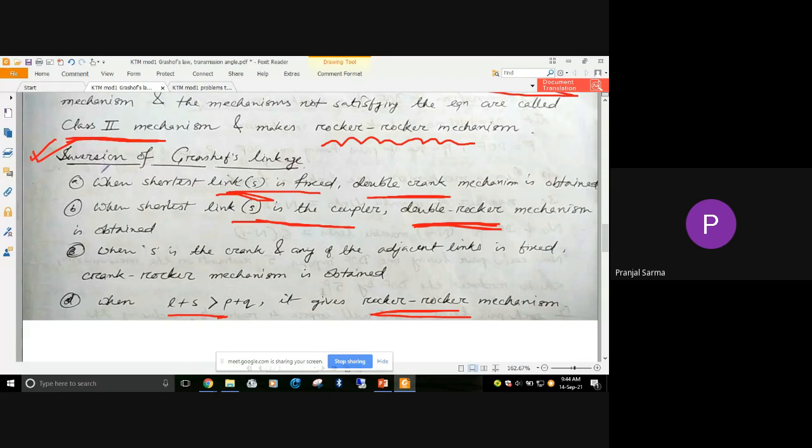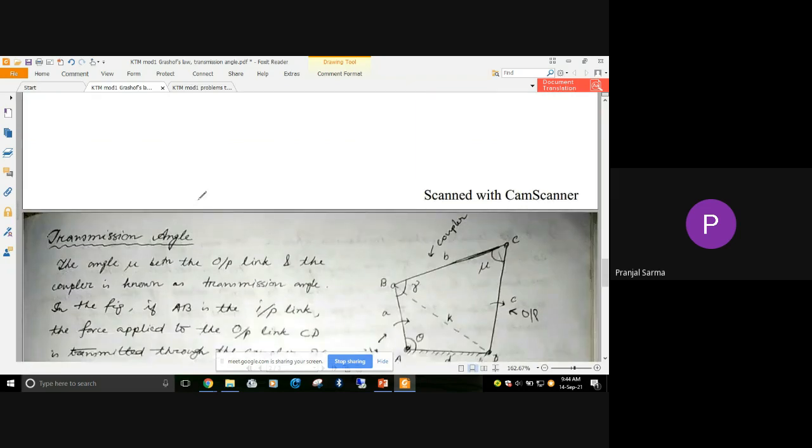We just have to check whether L plus S is less than or equal to P plus Q or not, and based on that, whether we get class 1 or class 2. And apart from that, depending on whether the shortest link is fixed, or whether it is behaving like coupler, we are going to get a double crank mechanism or double rocker mechanism, etc. Okay, understood?